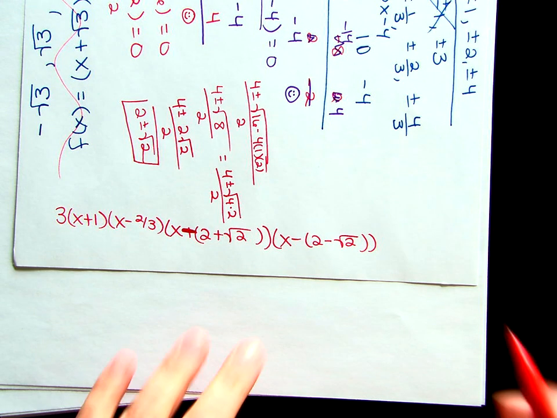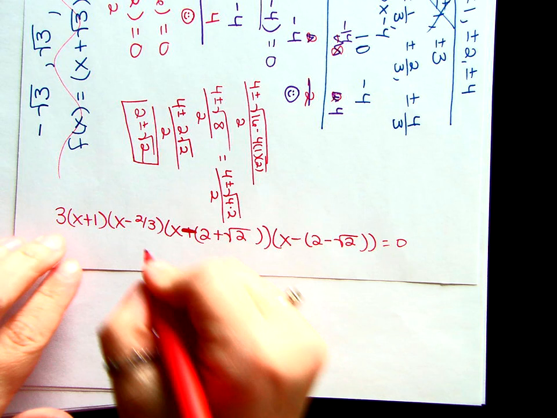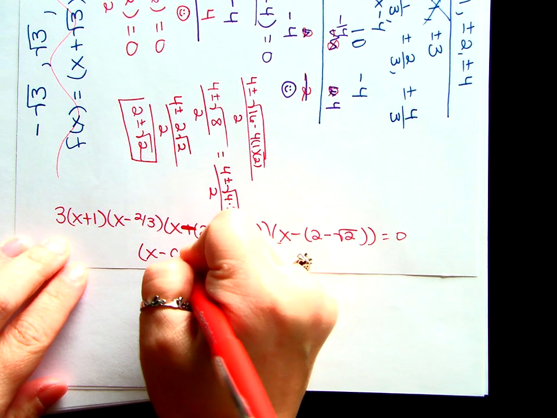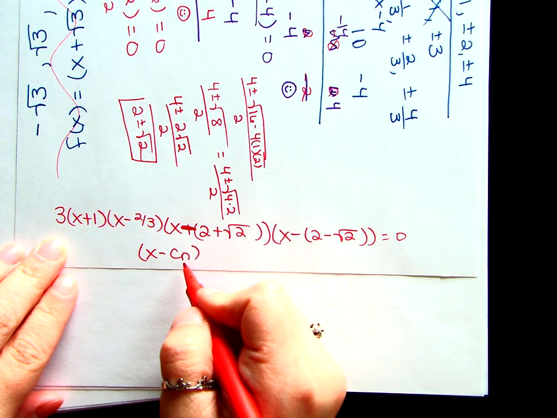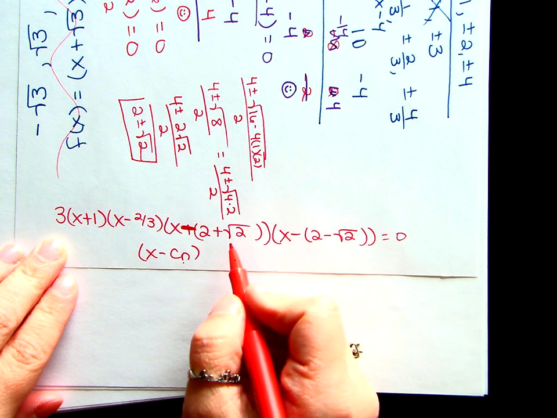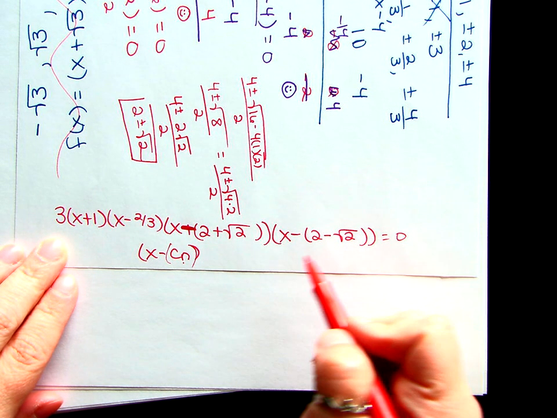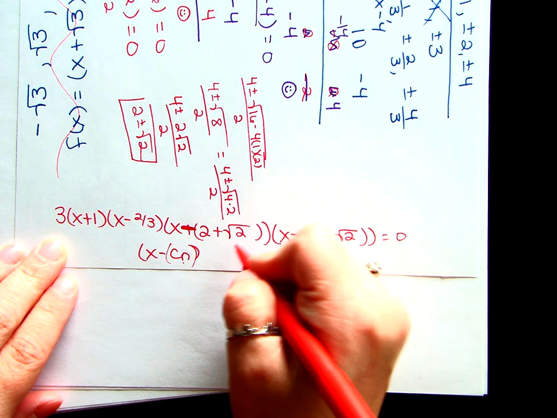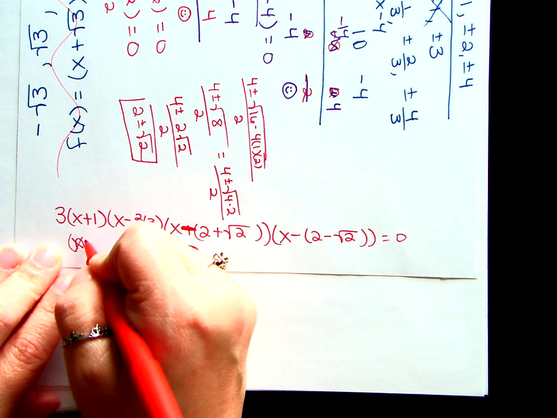But remember, all of our zeros are going to look like x minus c sub n, where that c sub n is our zero. So if our c sub n is positive, then it's best to put it in parentheses if it has more than one term. If our c sub n is negative, then it simplifies to look more like this, where we have x plus our c sub n.